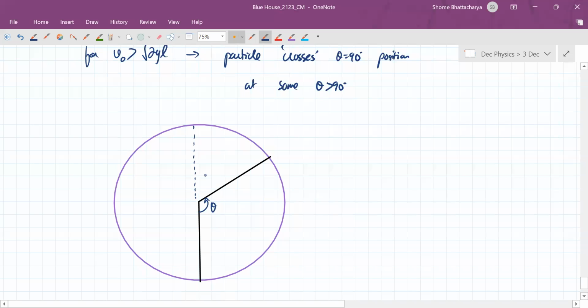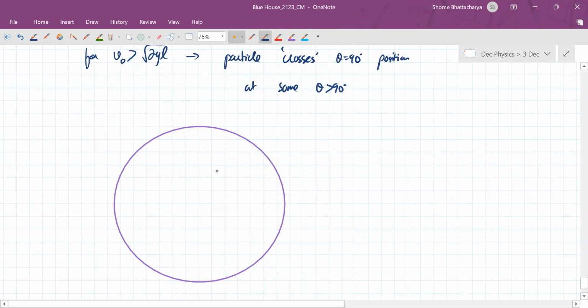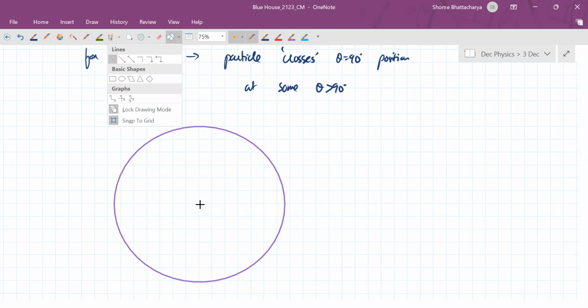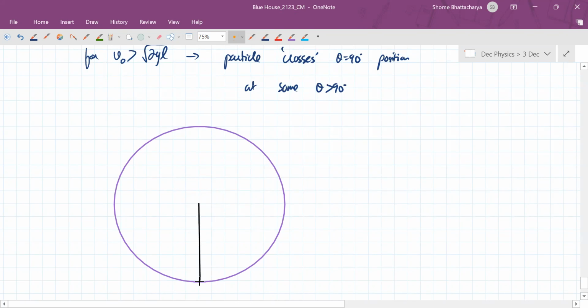Of course, the speed will continue to decrease even after you go past 90 degrees because your gravitational potential energy is continuing to increase. The particle is gaining height, so it has to lose kinetic energy. But in addition now, the relationship between tension and mg changes somewhat.